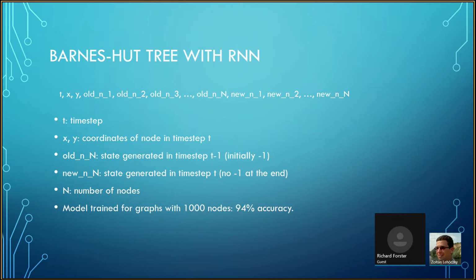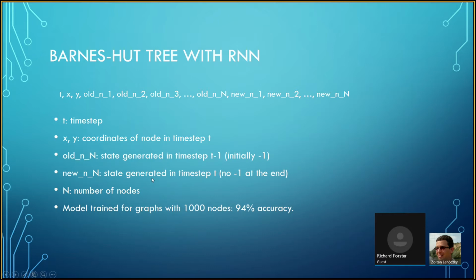So in the input sequence, we had the first variable representing the time step, then we will have the coordinates, and then we had the result of the previous generation, which in the beginning is always initially -1, so we will know that those are extremal elements because we will not have a region that has an ID of -1. And then in the second part, we will have the newly generated numbers of the regions.